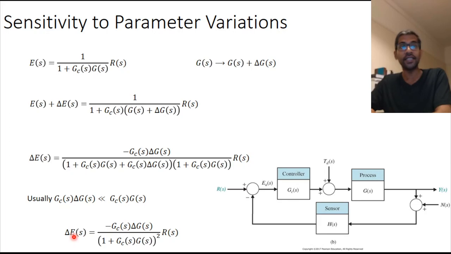So basically, delta E is proportional to delta G, but then there is a (1 plus GC times G) squared term here, which shows that a small change in the transfer function of the process is going to change the error by a much smaller factor. Okay, because we've already seen that we are assuming that delta G is much smaller than G.